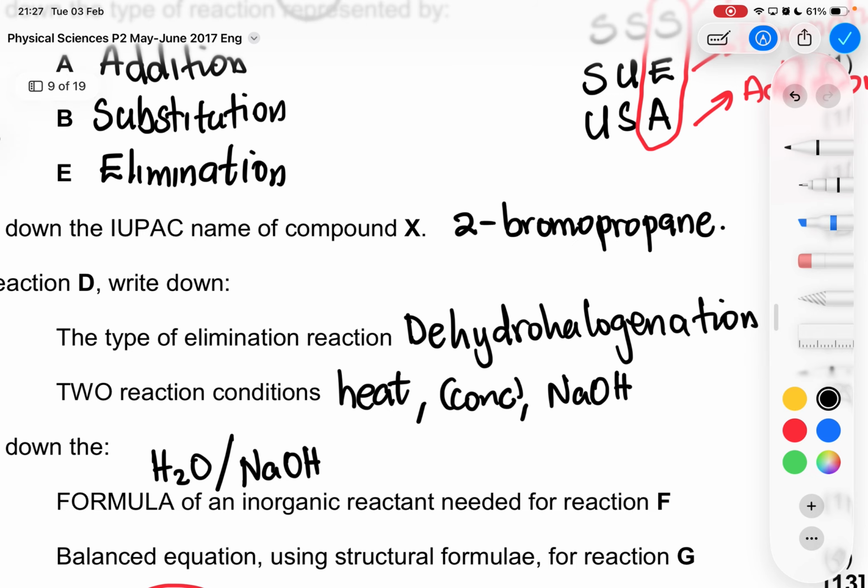And you said it's 2-bromopropane because you wanted a major product. So the bromine went to where there are the least number of hydrogens, and the hydrogen went to where there are more. That's why we have the bromine on carbon number 2. So again, even our alcohol is a major product, so that means the OH must replace the bromine on carbon number 2.